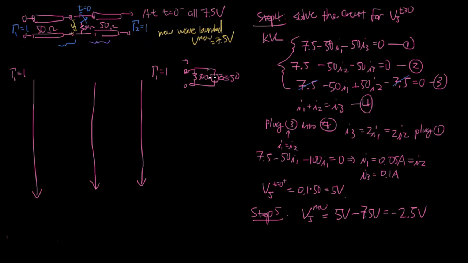So it's going to have 50 and 50 in parallel. Basically, you can take the two in parallel, it's going to be 25 ohms. So the reflection coefficient at the junction is going to be new minus old, so 25 minus 50, over new plus old, 25 plus 50, which is going to give you minus a third.